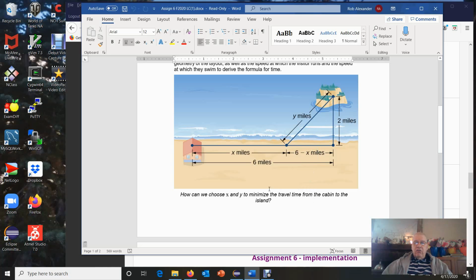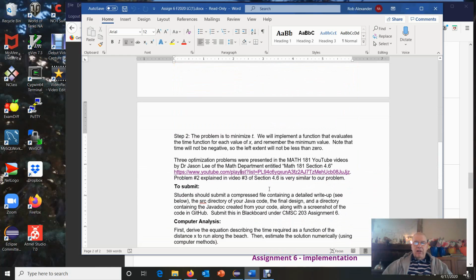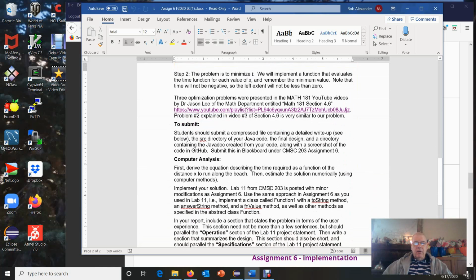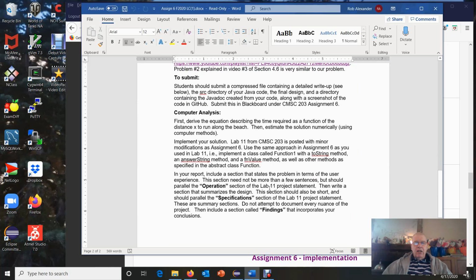And so your task is basically to minimize the time t that it takes to go from the house, run along the beach, and then swim. And the discussion in the problem statement says what you're supposed to submit.